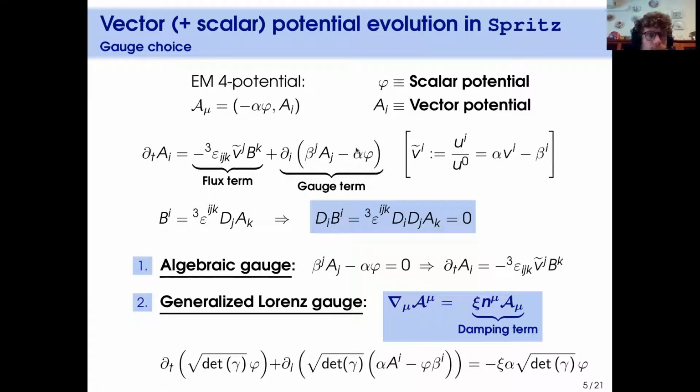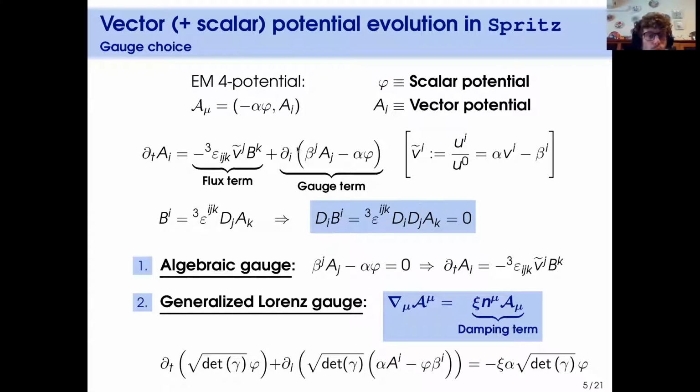We have a time evolution equation for the vector potential, which contains a flux term, which is basically an electric field, and a gauge term. The magnetic field is not directly evolved, but rather is computed as the curl of the vector potential. This ensures that the solenoidal constraint is fulfilled at all times during the evolution, up to machine precision.